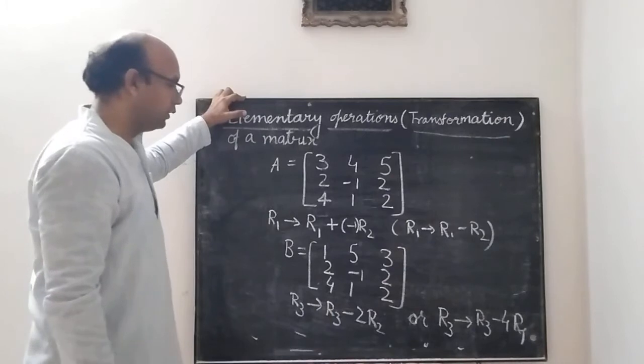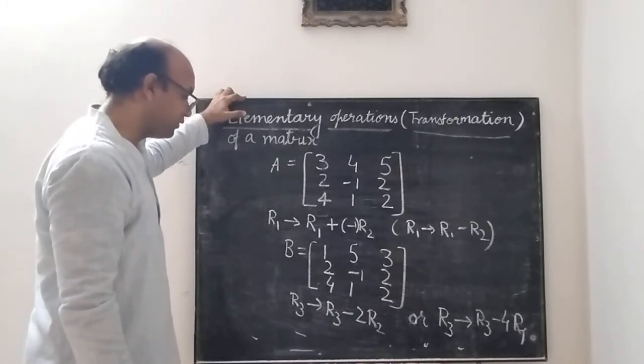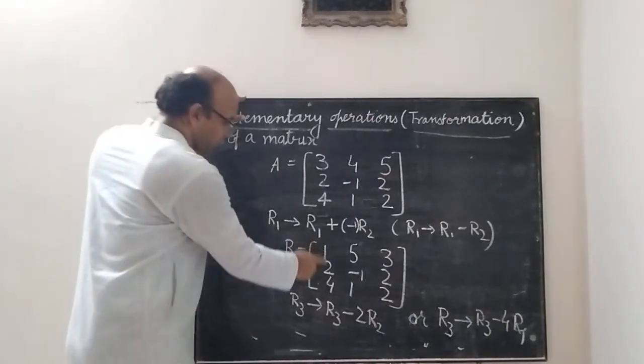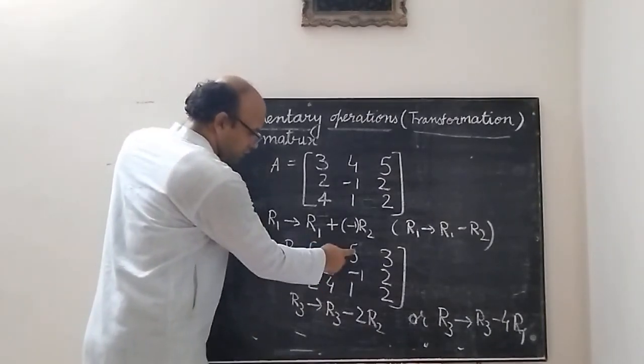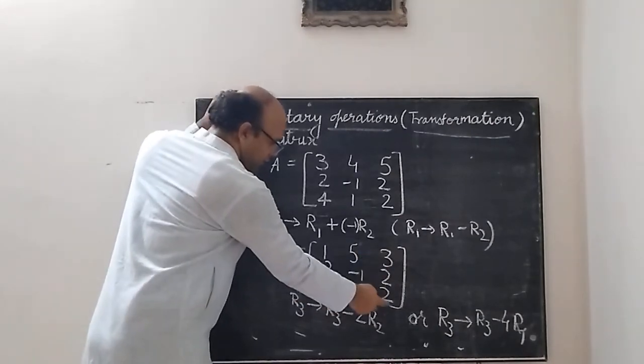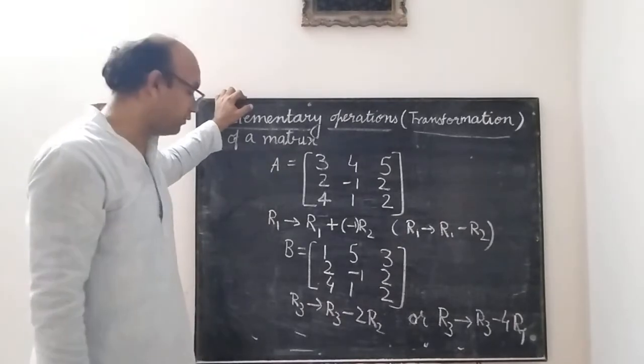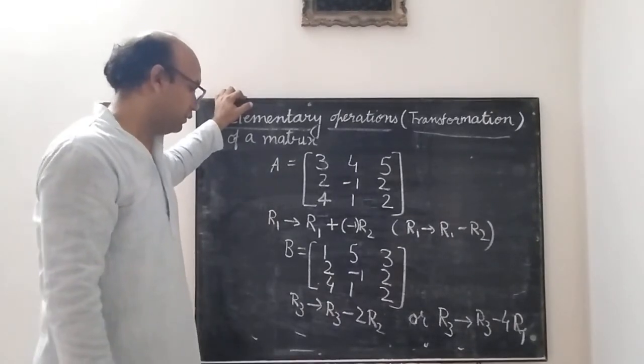So this is for the row operations. You can just do the necessary changes, multiply the elements over here. This will become 0, this is 10, 1 minus 10 is minus 9, and this will change to minus 4. The rest of the rows will remain the same if you apply this operation.